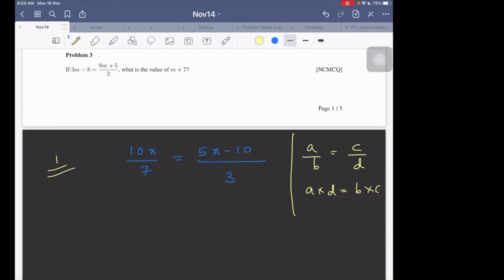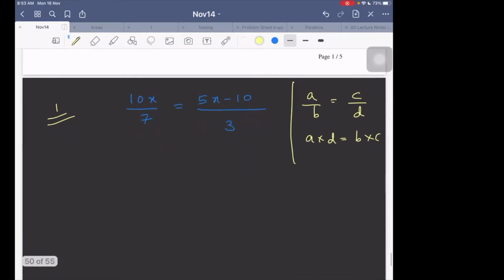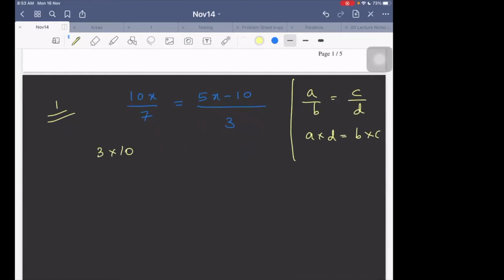So we have 3 into 10x is equal to 7 into 5x minus 10. So we have 30x is equal to 35x minus 70.